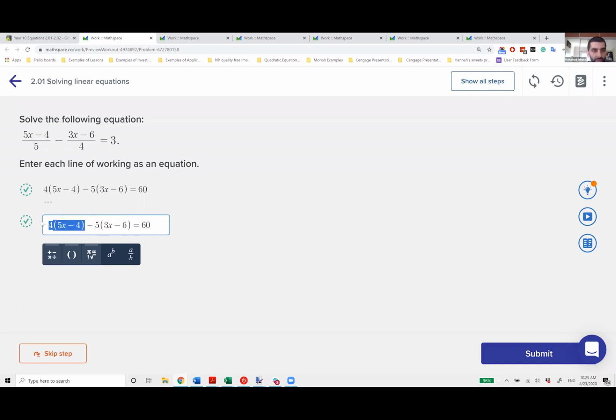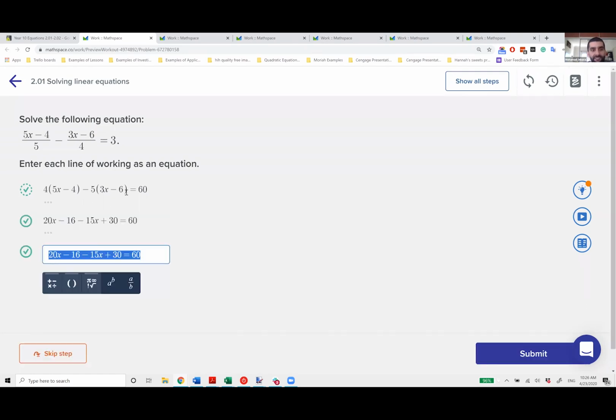So to expand this one, we're going to get 20x minus 16. And then expanding this one, again, don't forget, so we get negative 5 times 3x and then the negative times the negative. So we're going to have minus 15x. And then minus 5 times minus 6 is going to give us plus 30. All right, now combine terms.